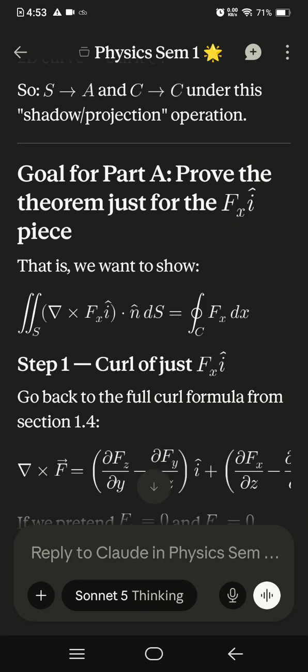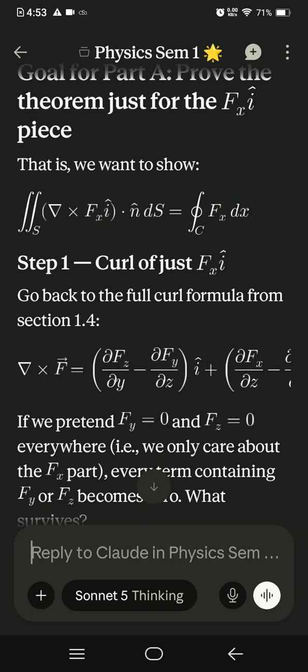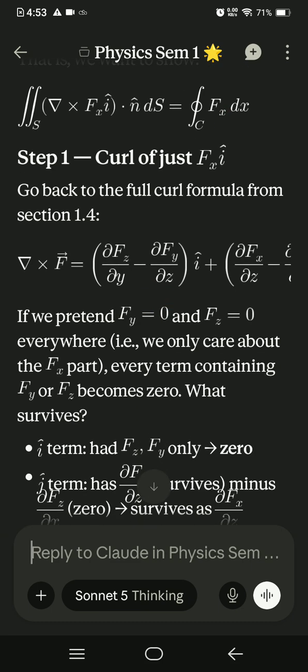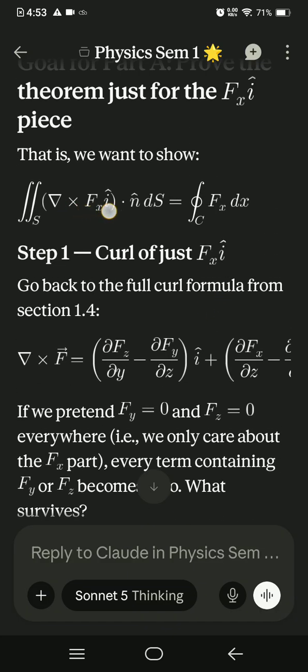Fine, so the goal for part A is to prove the theorem just for the Fx i piece. We want to show this is true. Okay, so for Fx i, curl of Fx i, go back to the full curl formula, we are going to use this formula to find this curl.